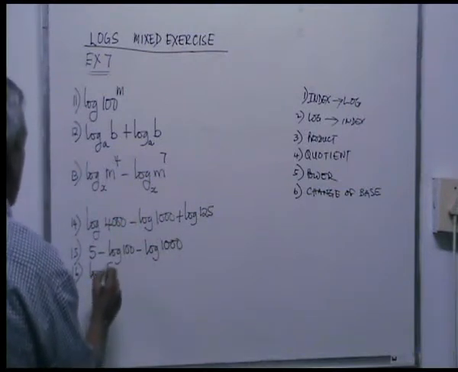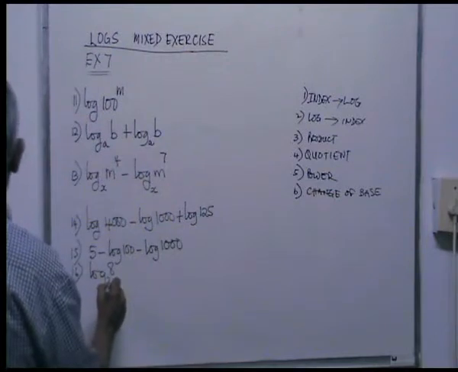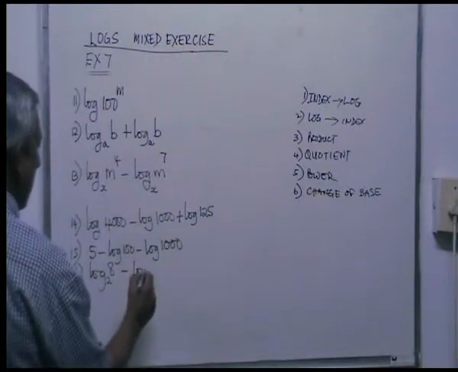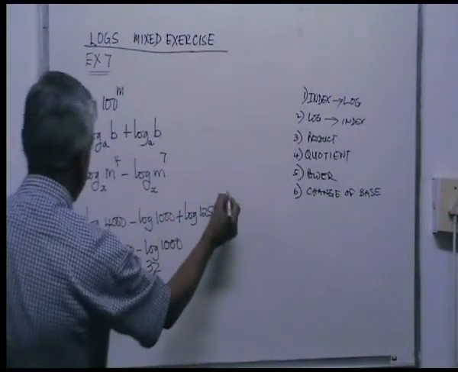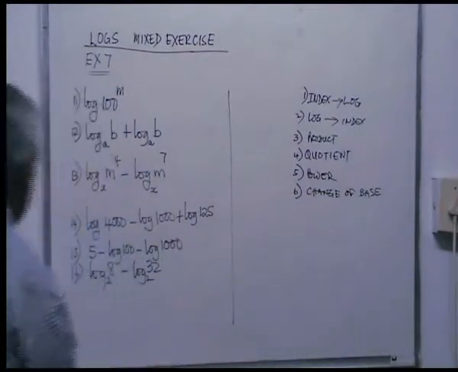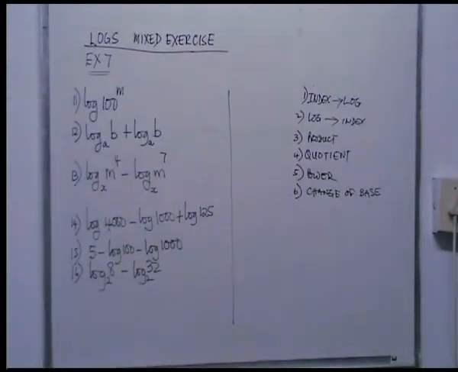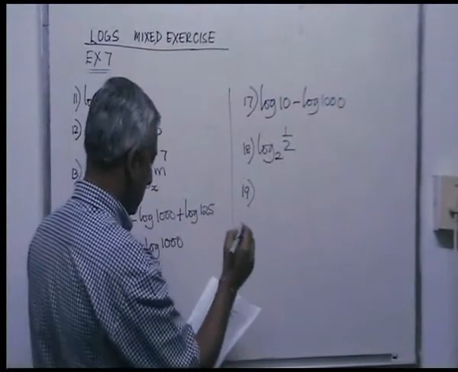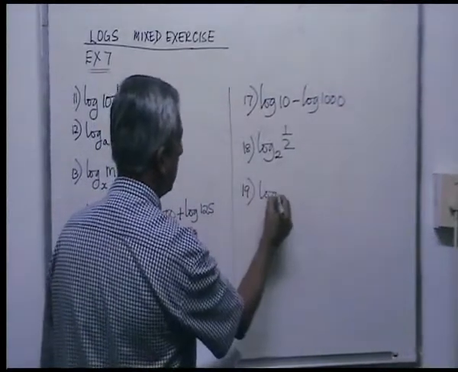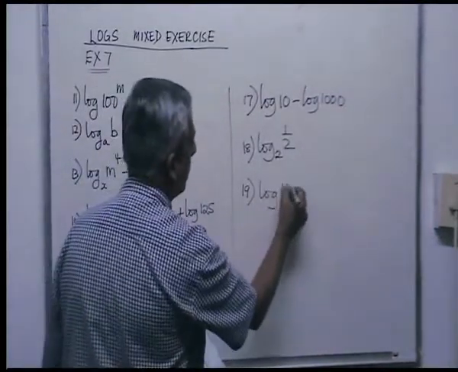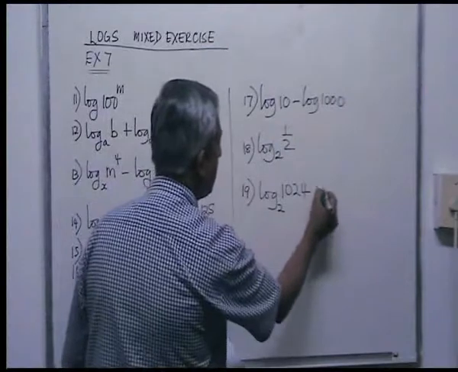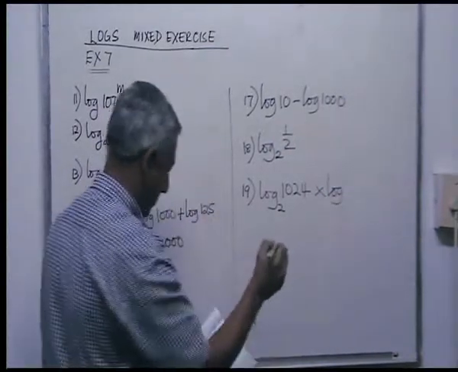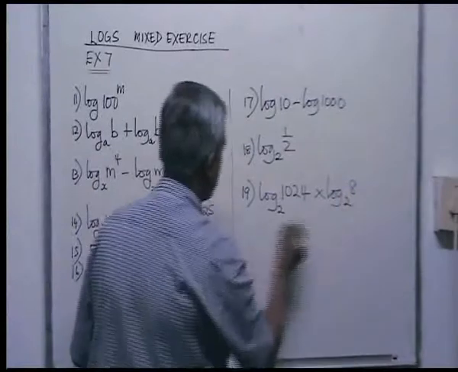Number 16, log of 8 to the base 2 minus log of 32 to the base 2. And I think I'll put number 17 to 20 on the other side there. Number 19, you've got log of 1024 to the base 2 times log 8 to the base 2.